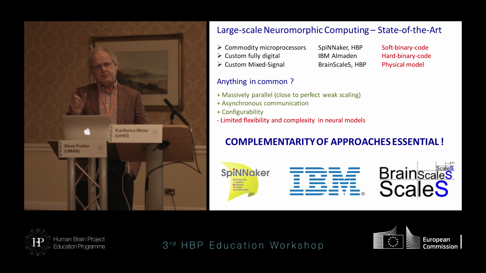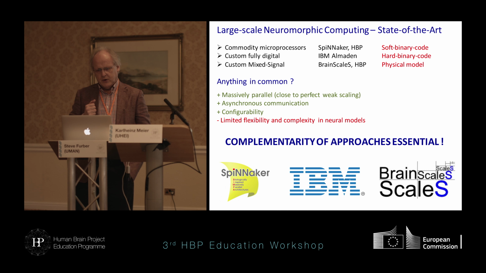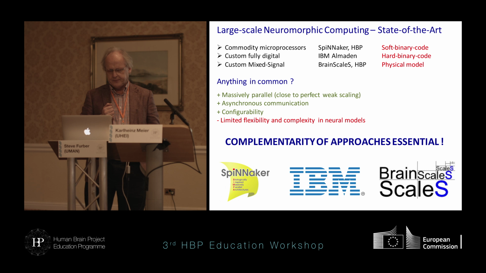So Spinnaker is tuned to point neuron models. Because the model is software, you can do other things, but if you do other things, you find the architecture balance is less good. And the same is true in True North and in BrainScaleS. In fact, the neural model is pretty fixed in both cases.